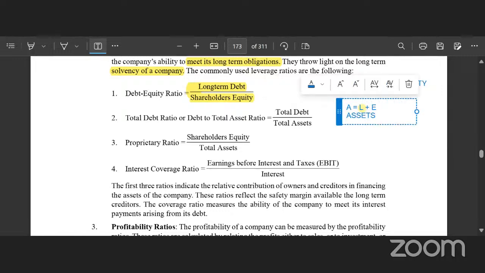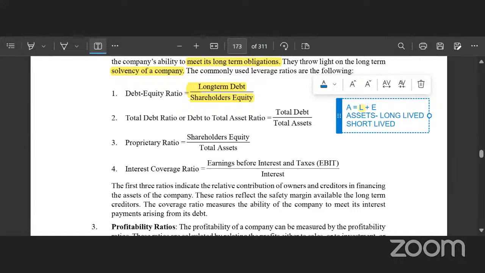Assets could be long-lived and short-lived. Long-lived assets, short-lived assets. Liabilities could also be long-lived and short-lived. Long-lived assets are generally the non-current assets. Short-lived assets are the current assets.